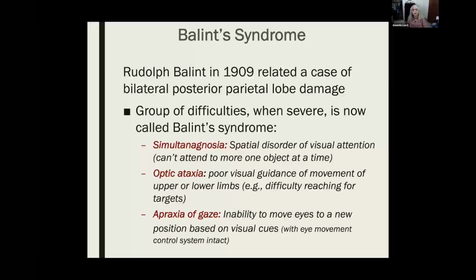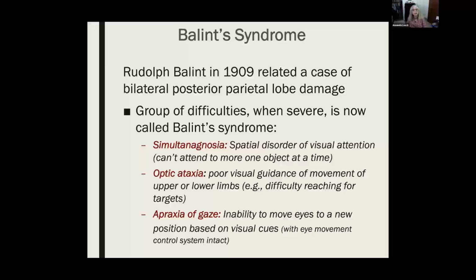Balint syndrome is associated with a group of difficulties, and it's called Balint syndrome when these difficulties are severe. This is simultanagnosia, which I just explained to you, a spatial disorder of visual attention, where a person can't attend to more than one or a few objects at a time. Optic ataxia, which is poor visual guidance of movement of the upper or lower limbs. That is difficulty reaching for targets.